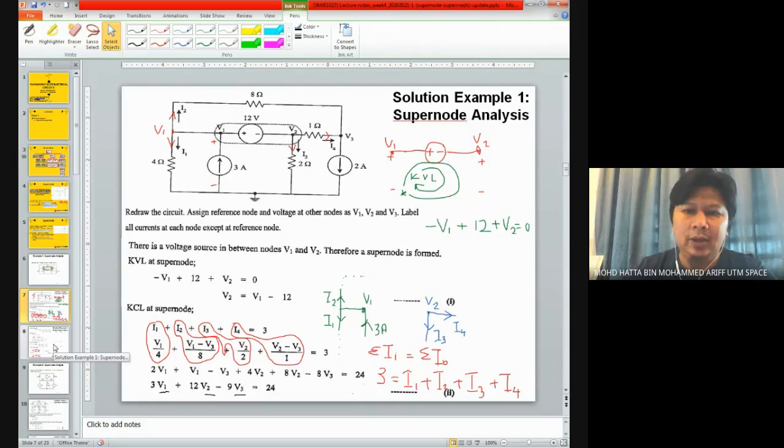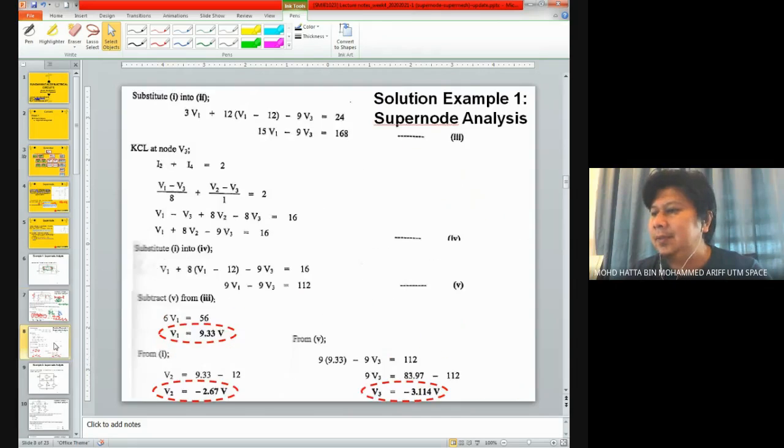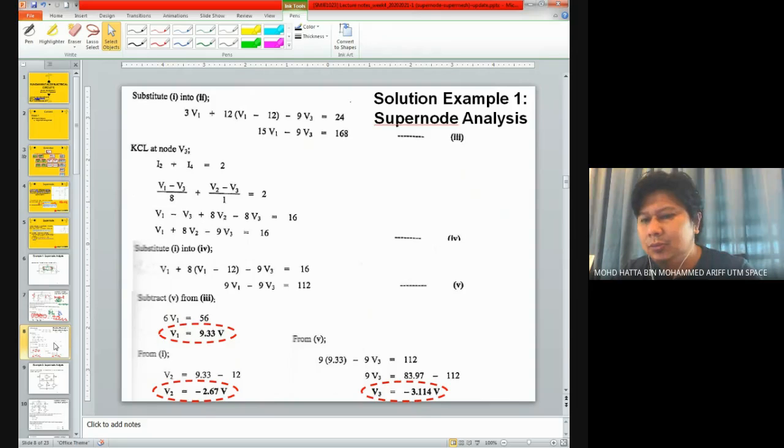When you solve your equation, maybe you can substitute it later. It depends on your creativity or your math competency, whether you substitute it earlier or later. It can also work.